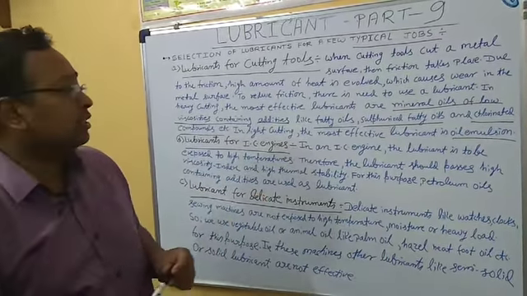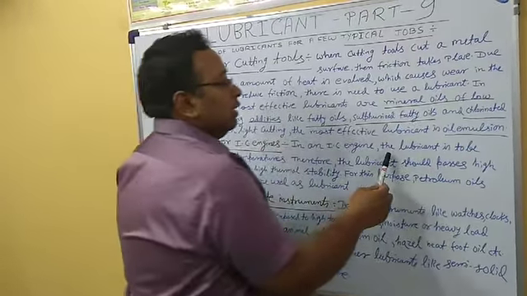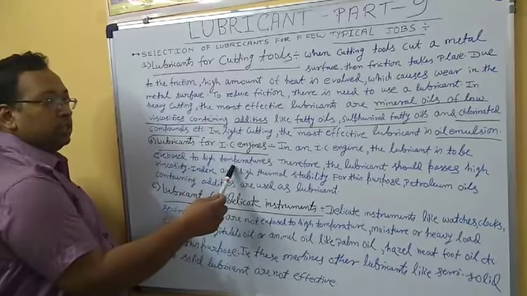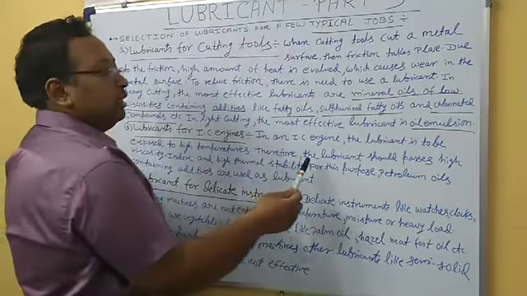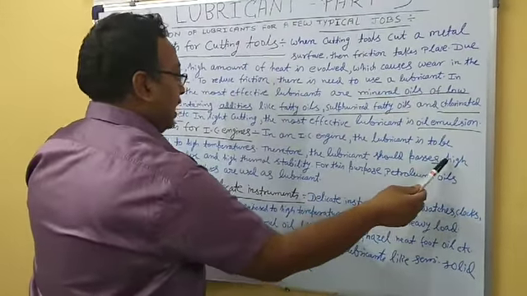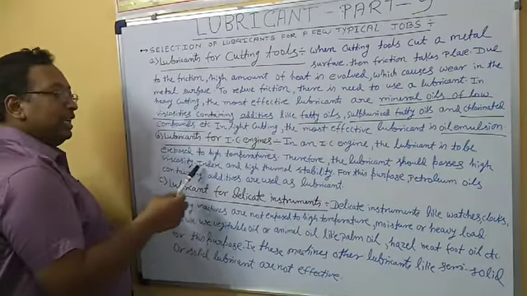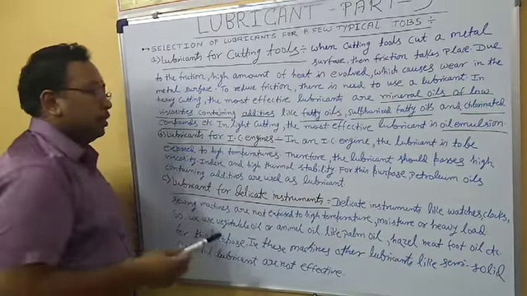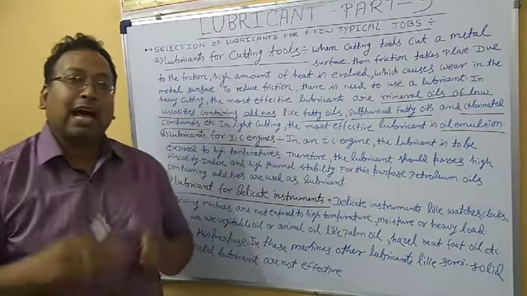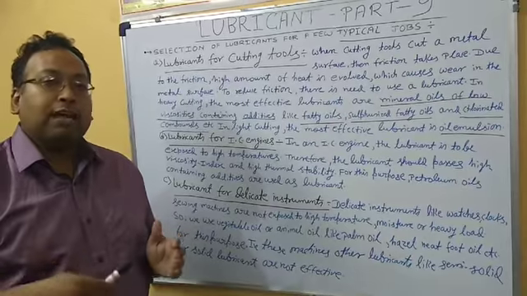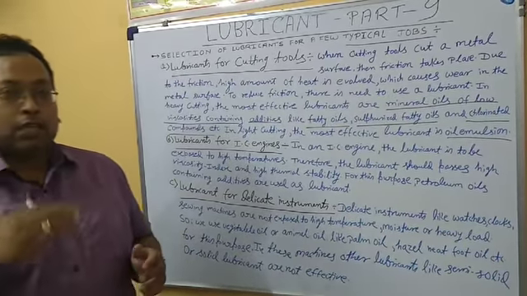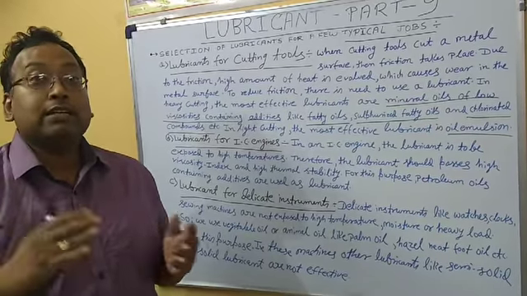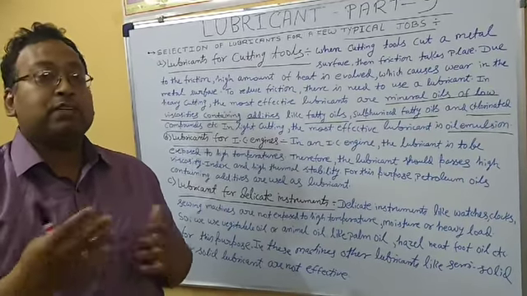So what happens in an IC engine? In an IC engine, the lubricant is exposed to high temperature. Therefore, the lubricant should possess a high viscosity index and high thermal stability. So what is the meaning of viscosity index? High viscosity index means the viscosity of the lubricant should not vary too much with the temperature.